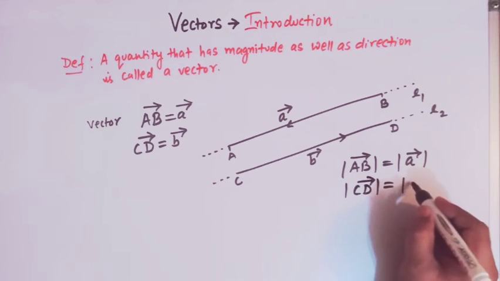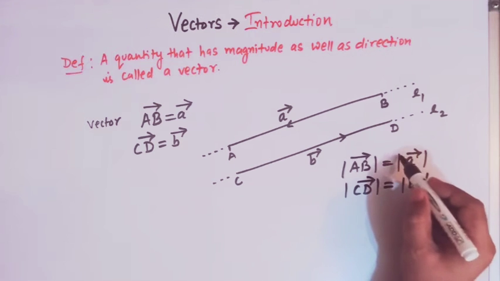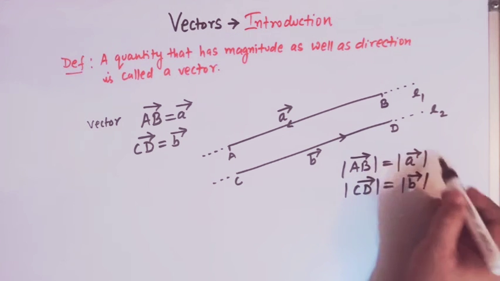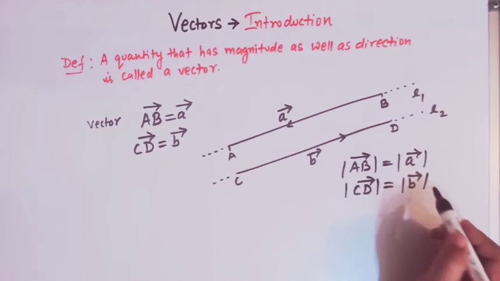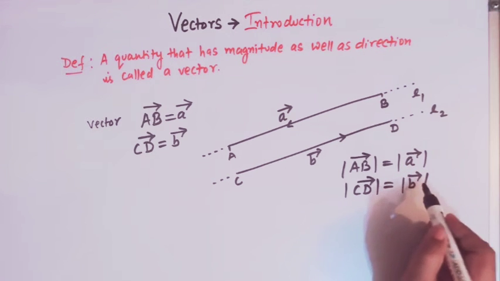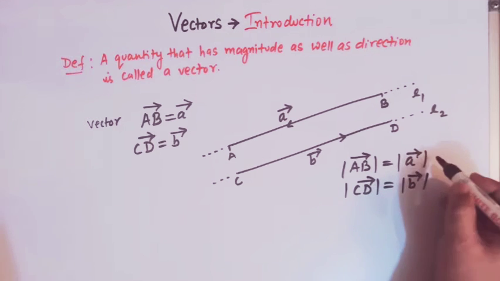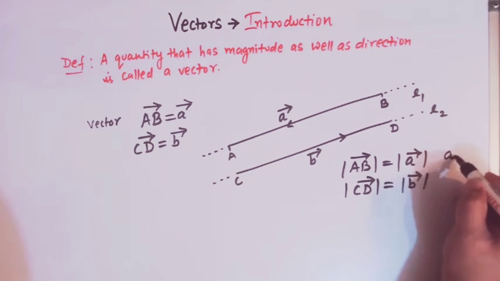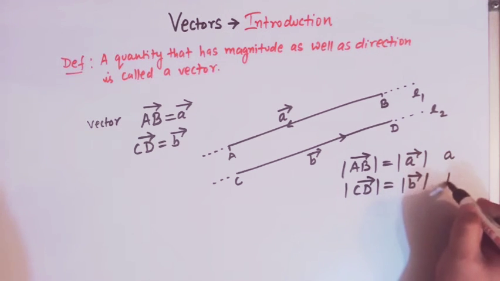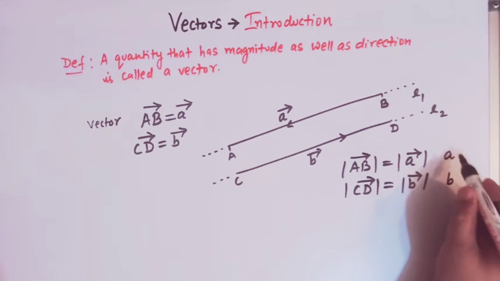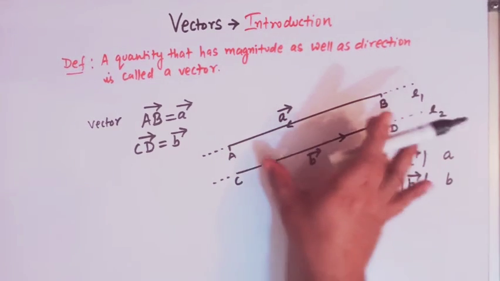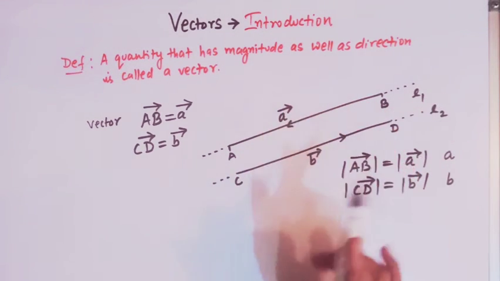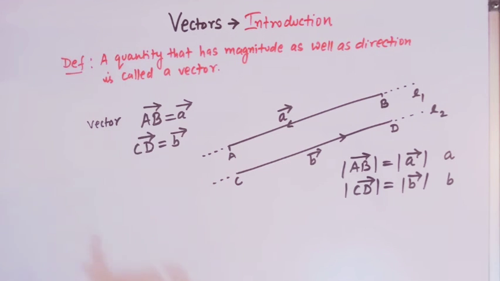This symbol represents the magnitude of vector a, and this symbol represents the magnitude of vector b. Sometimes we simply write a or simply write b. So this symbol sometimes represents the magnitude of this directed line segment vector AB, right?